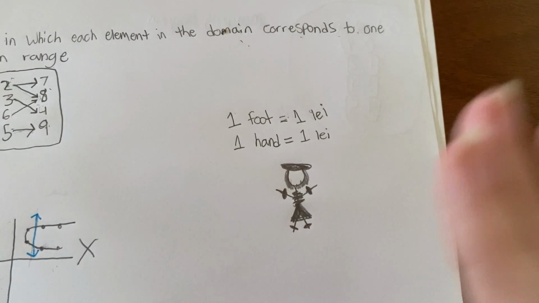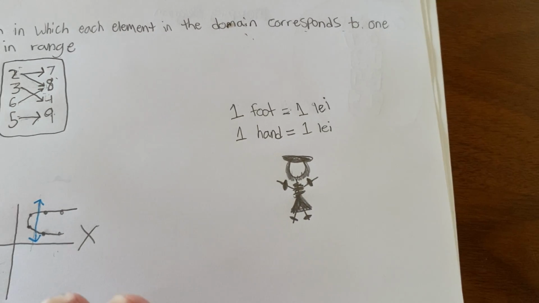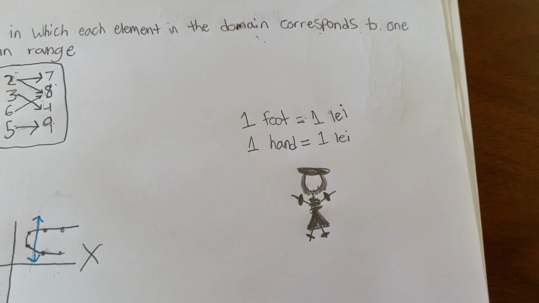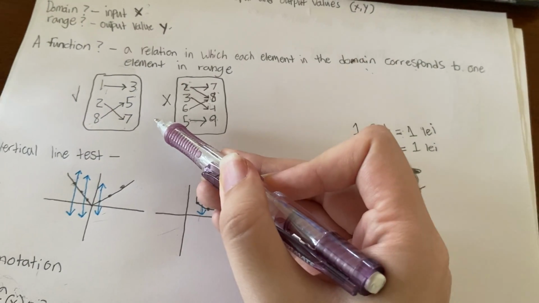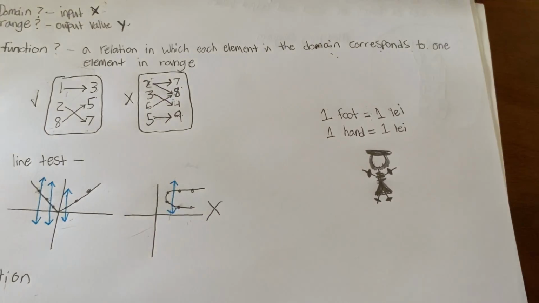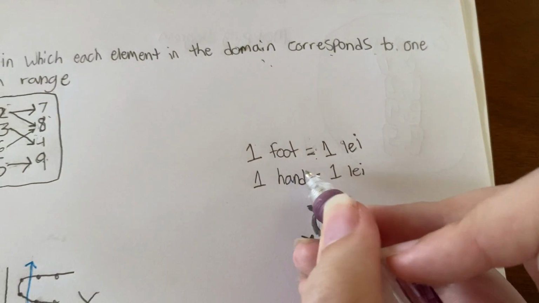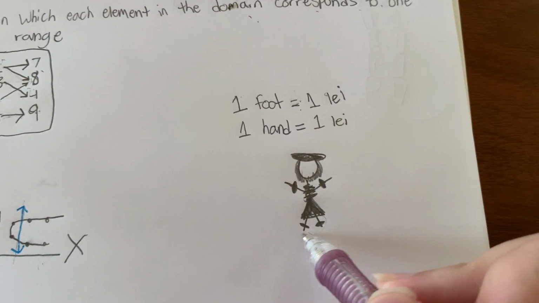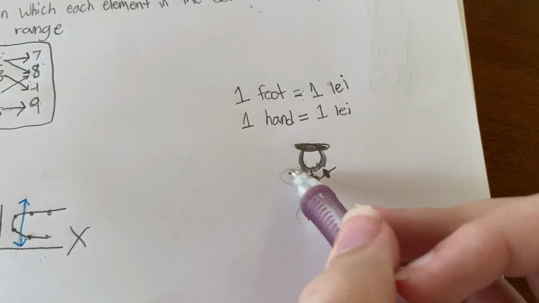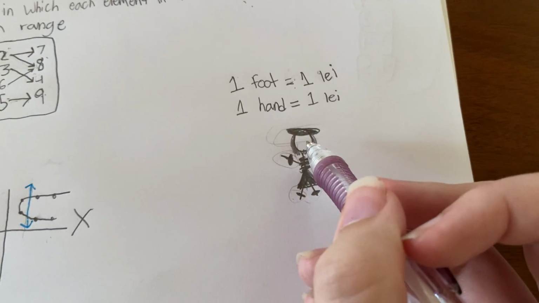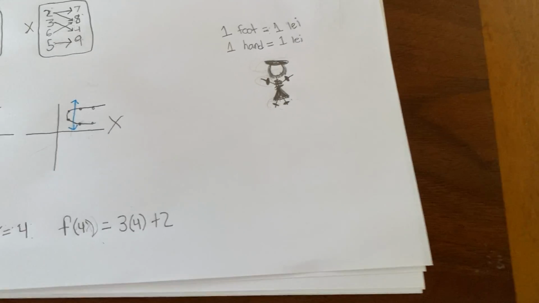So you don't double up unless it's a part of your dance, but that's rarely ever. So this is also a function and a relation, obviously. But if you think about it, one foot goes to one kupe'e. One hand goes to one kupe'e. Your head goes to one hakule.